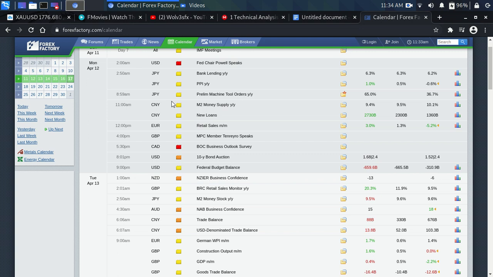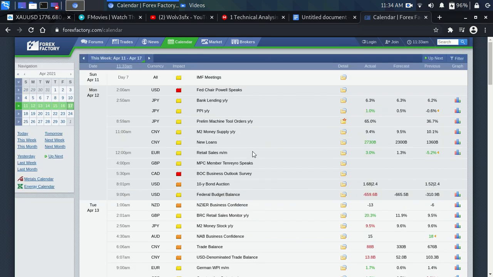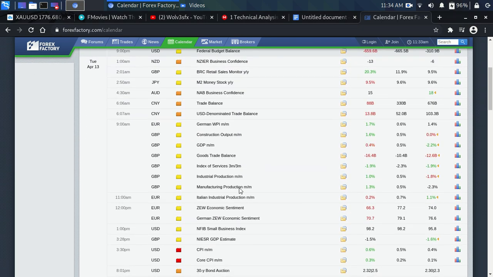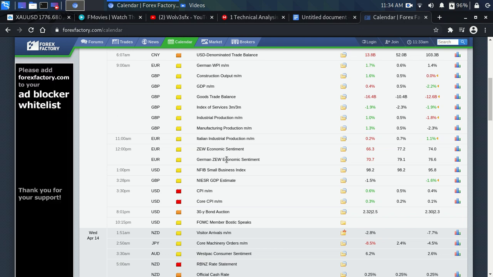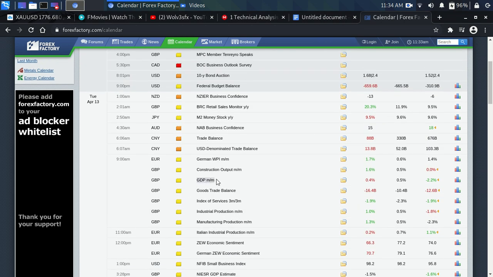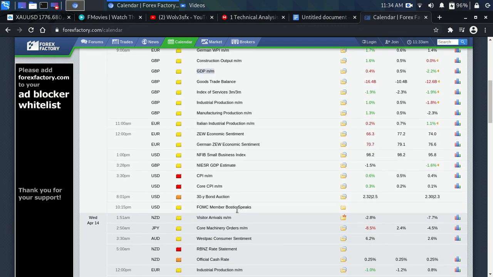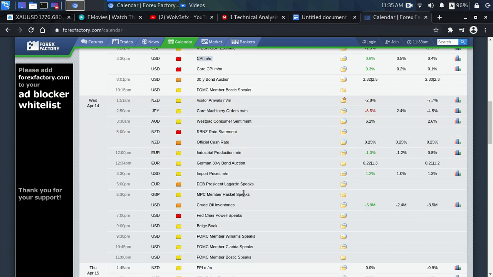So what fundamental traders mainly look at is the unemployment rate, gross domestic product, which is GDP, as you can see here. We also have interest rates, CPI, which is consumer price index, as you can see here in their high impact news. We also have the non-farm payrolls, which is NFP, which is the biggest news in forex.